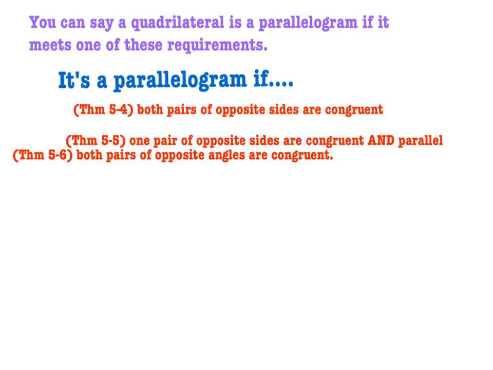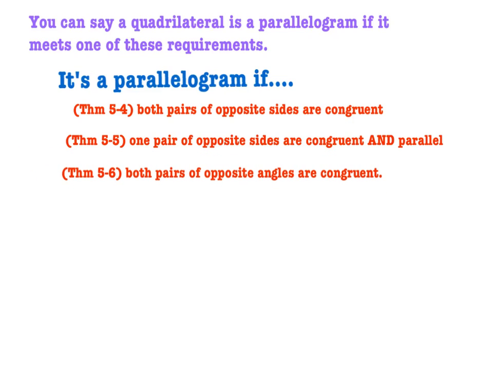So let's recap. If both pairs of opposite sides are congruent, if one pair of opposite sides are congruent and parallel, or both pairs of opposite angles are congruent.